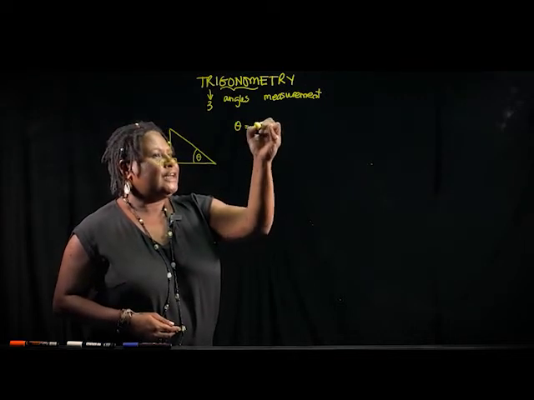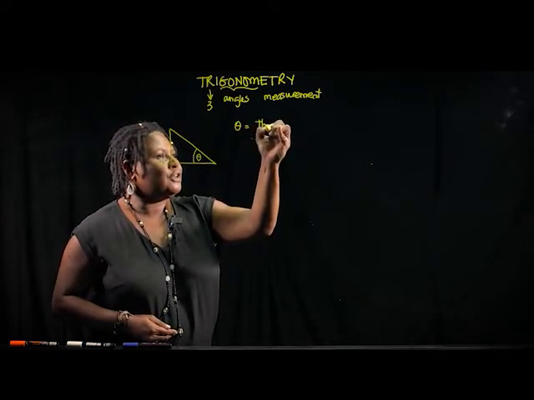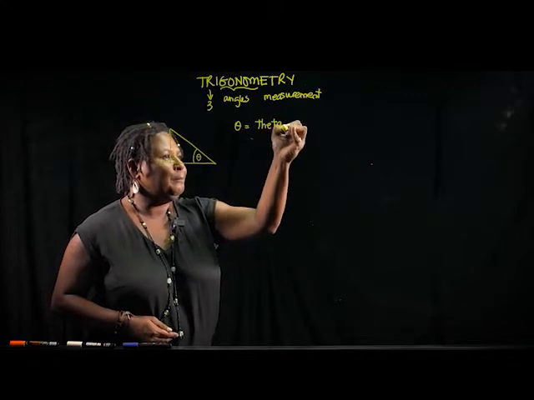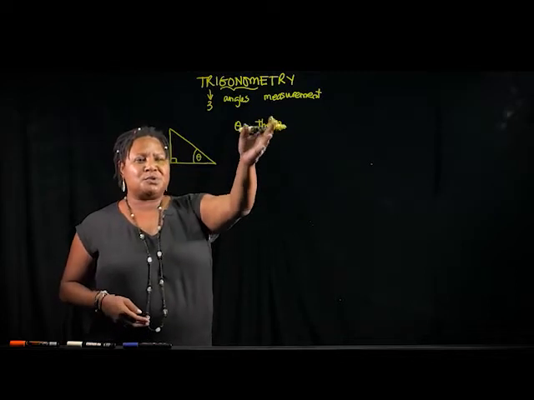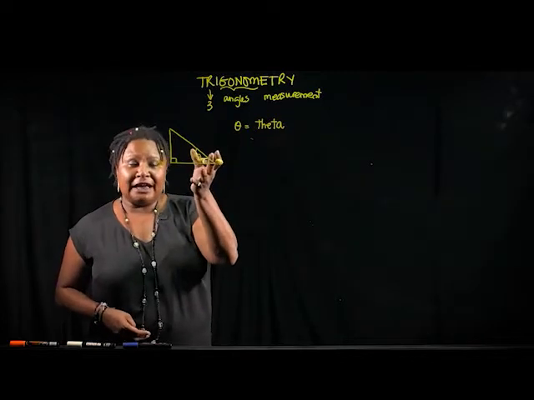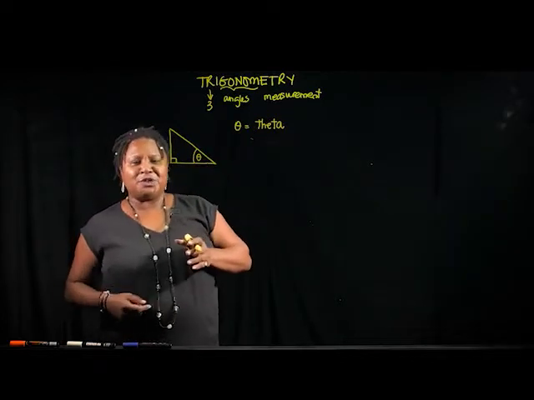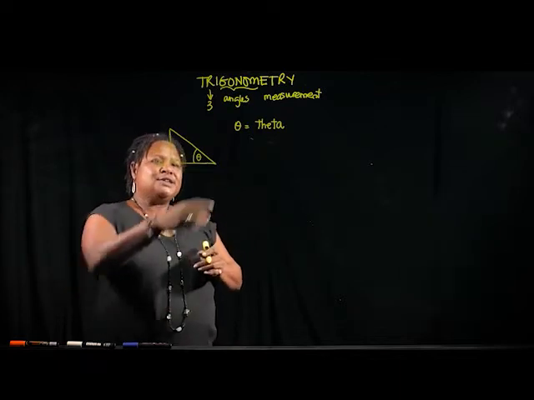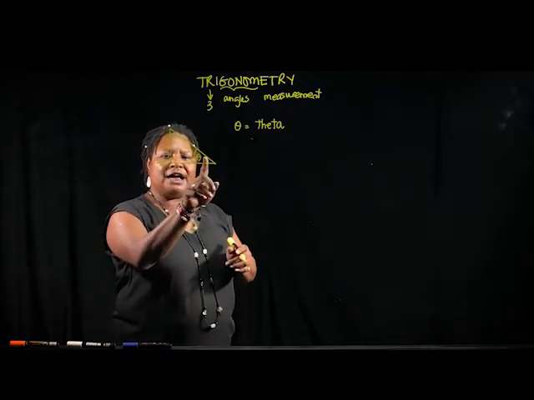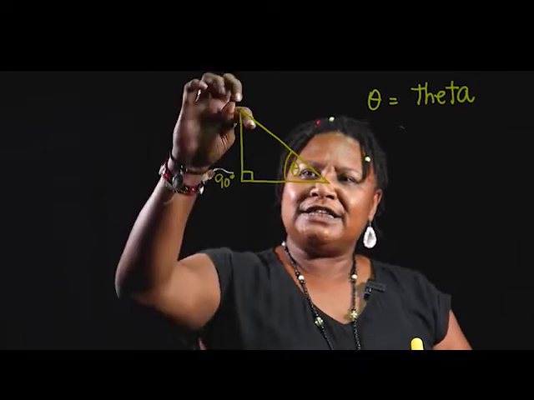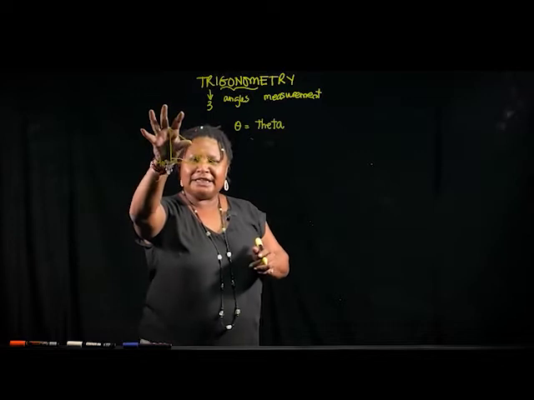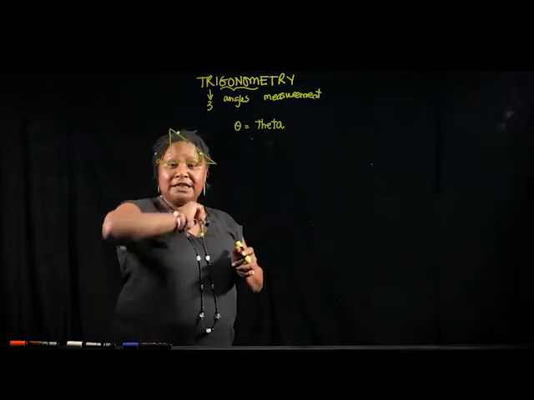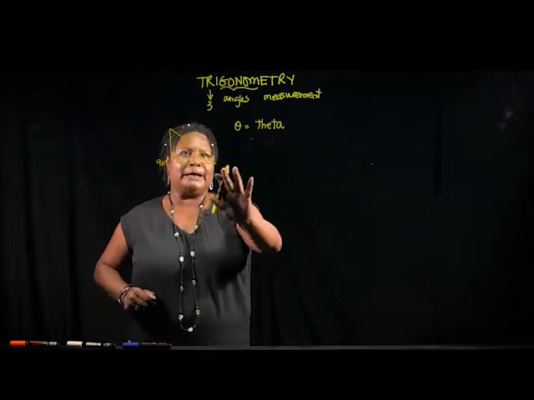It is called theta. Theta is used to represent a given angle when there is no value. So in this triangle, we have theta, 90 degrees, and this other angle here. We are not going to look at that in this lesson yet. Let's have a look at theta. We are worried about theta.